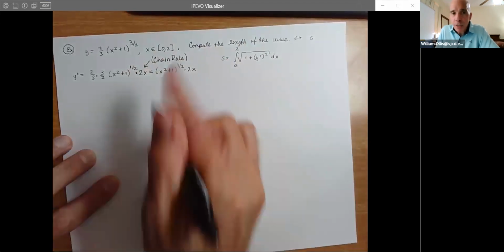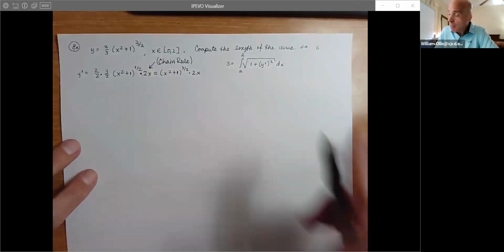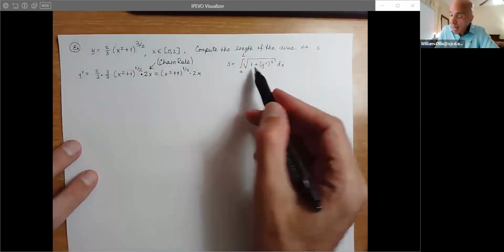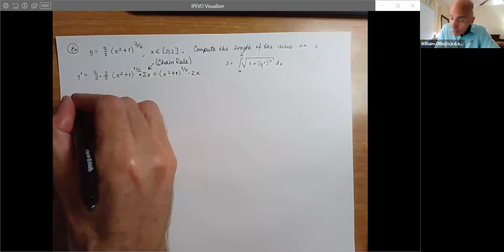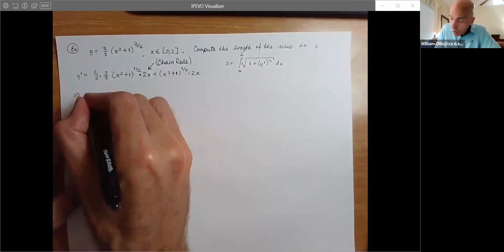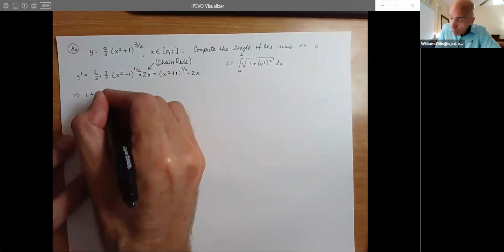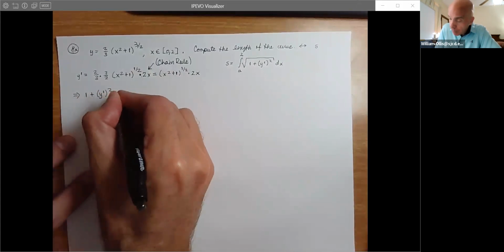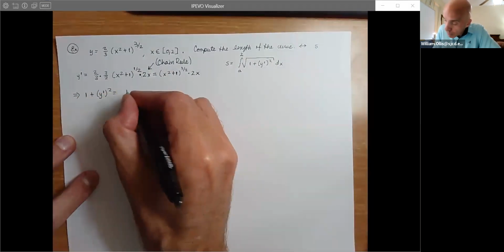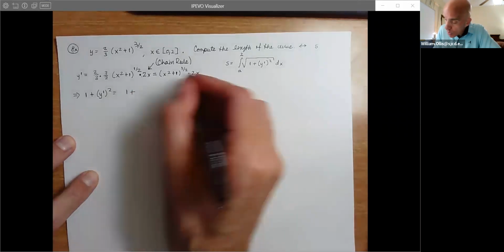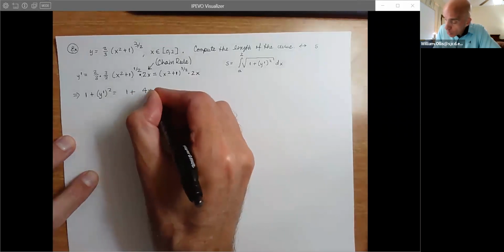So now when we look at this, if we think about what has to go later, we think about the following. That is, we want to square and add 1. So this implies 1 plus y prime squared will now be 1 plus, so we square the 2x, we get a 4x squared.